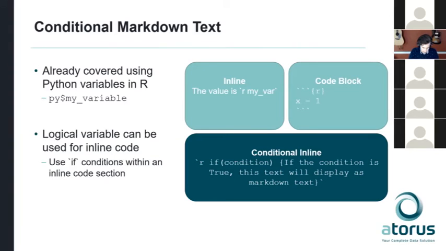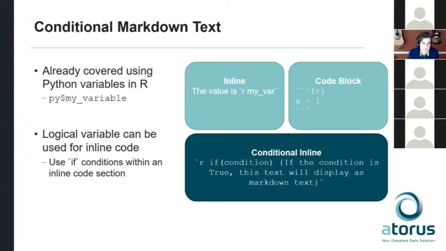And I thought that was really cool, that you could actually conditionally execute code blocks. There's a lot of different pieces to R Markdown, more than just writing out a couple of things.